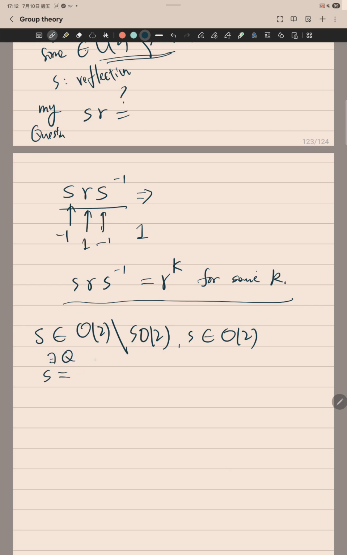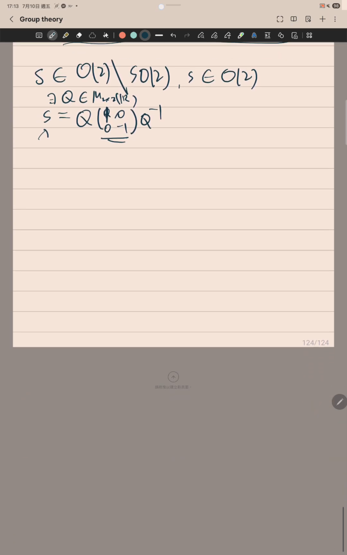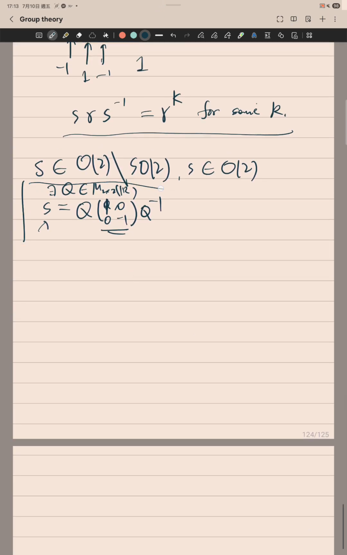So there is this Q for 2 by 2 matrices, such that S is Q times the matrix [1, 0; 0, -1] times Q inverse. These are the eigenvalues plus 1 and minus 1. Recall that we proved that any reflection has eigenvalues 1 and minus 1. So it definitely exists a Q such that S looks like this.